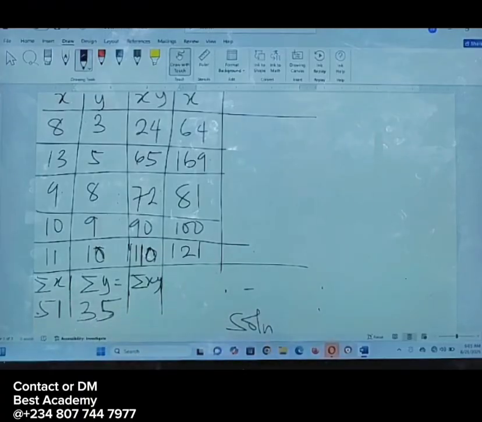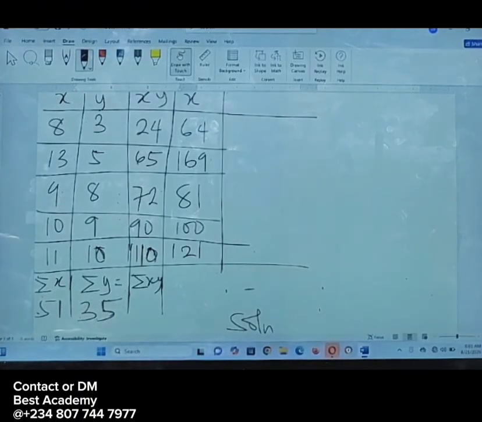Okay, now let's get the sum of sy. So for the sum of sy, let's add up the values. That is 24 plus 65 plus 72 plus 90 plus 110.